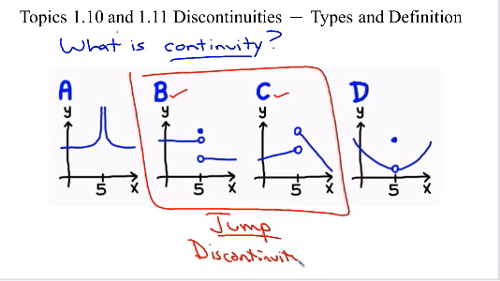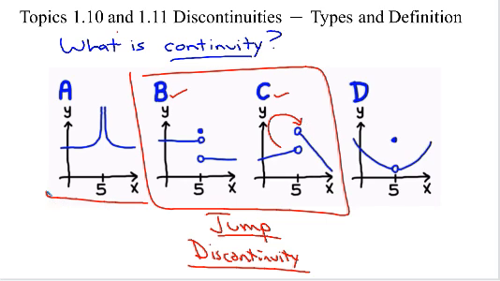And no, you do not have to write out the word discontinuity every time in your notes, but you do need to be familiar with that word. B and C are what we call a jump discontinuity for obvious reasons. Can everybody see that the function is jumping from one place to another? That one's one of the easiest ones to recognize.